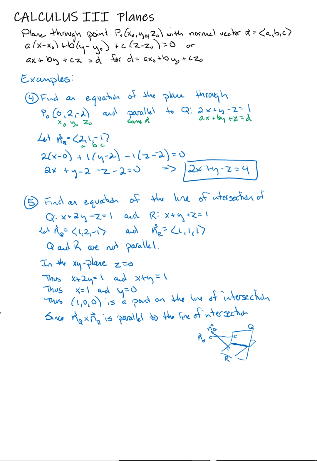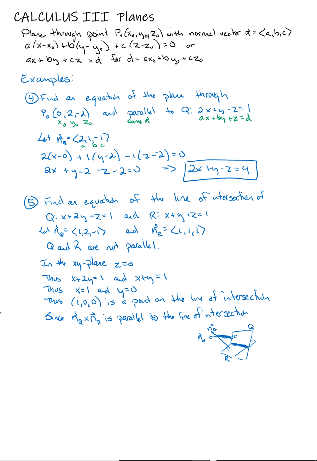Now if you think about what's going on here, if you were to take the cross product of these two normal vectors, remember the right-hand rule, where would that be going? Well, it turns out it's going to be parallel to that. It's going to be coming out kind of towards us, but it should end up being parallel to our line of intersection.